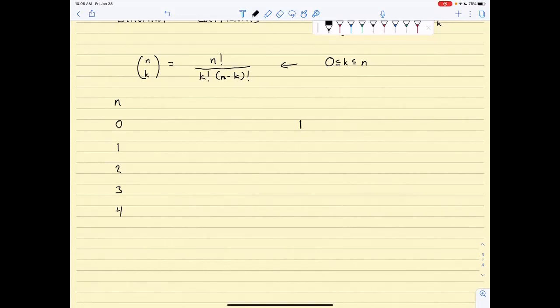Now when n is 1, you have two possibilities. You can have k being 0 or 1. When k is 0, you get 1. When k is 1, you also get 1. Now let's say n is 2, then all the integers between 0 and 2 are 0, 1, and 2.